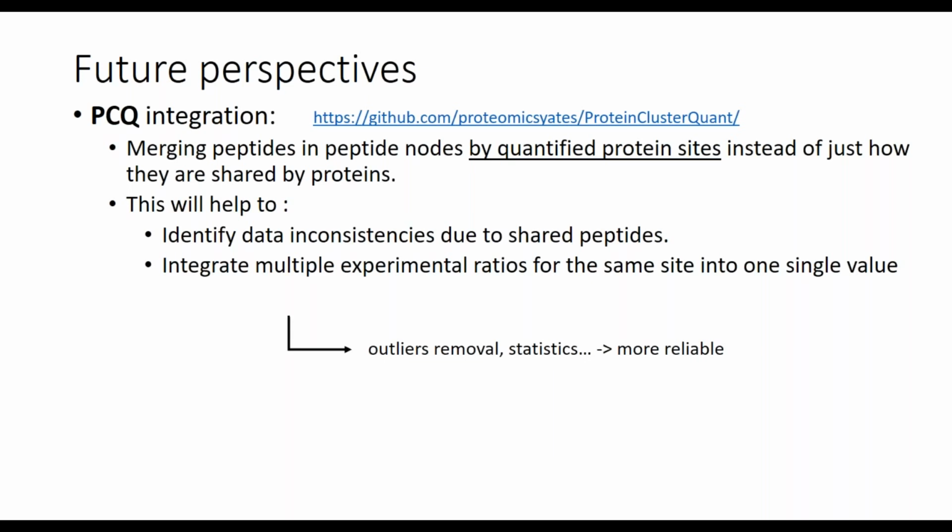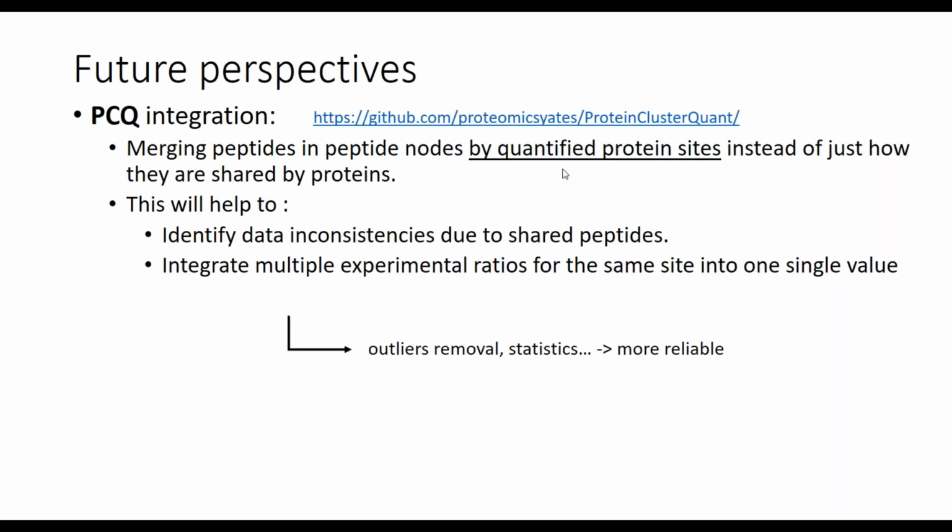Instead of aggregating all the peptides that share the same set of proteins, and the same for the proteins, aggregating the proteins sharing the same set of peptides, we want to aggregate or merge the peptides in peptide nodes by the sites of the proteins that are quantified.